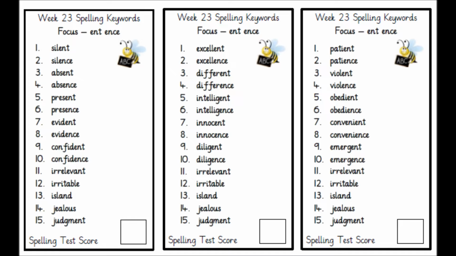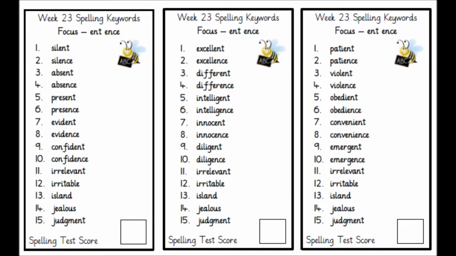Okay, let's look at our orange words. Excellent, excellence. Obviously, these are words that can describe primary 6. Different, difference, intelligent, intelligence, more primary 6 words. Innocent, innocence, that comes back to CSI.